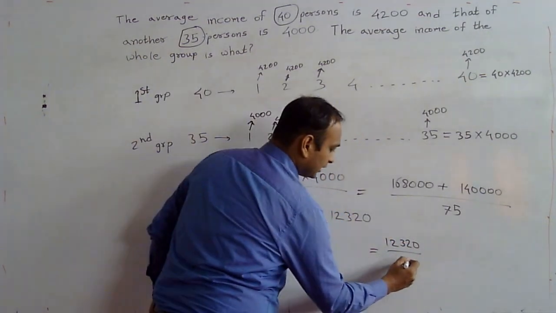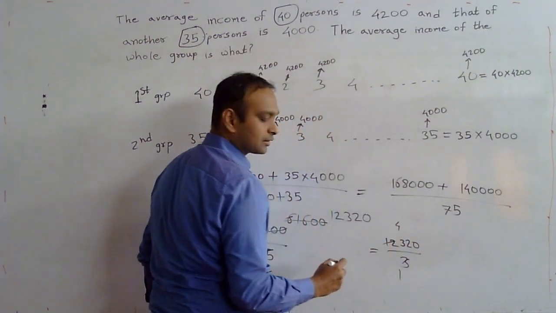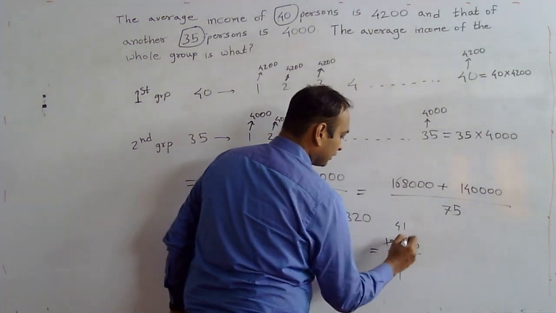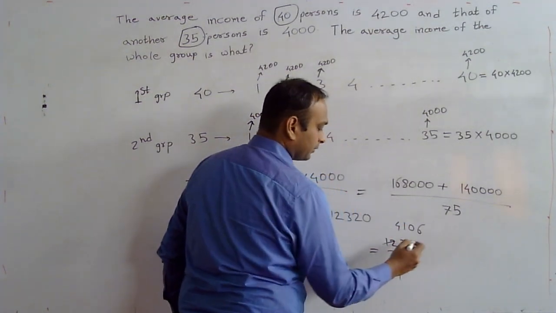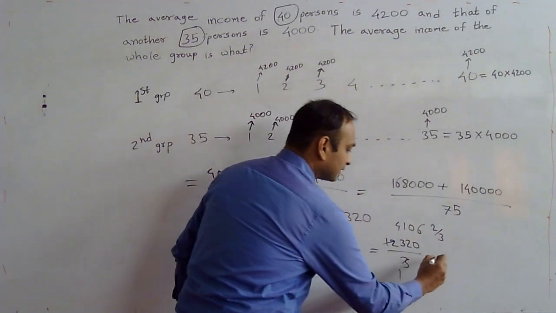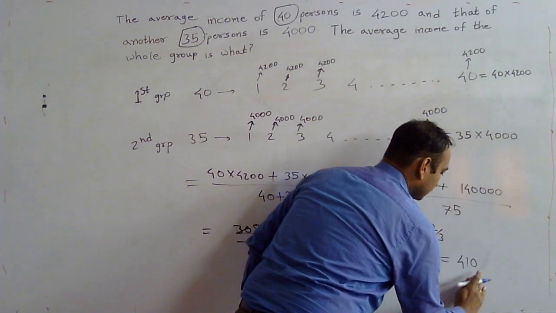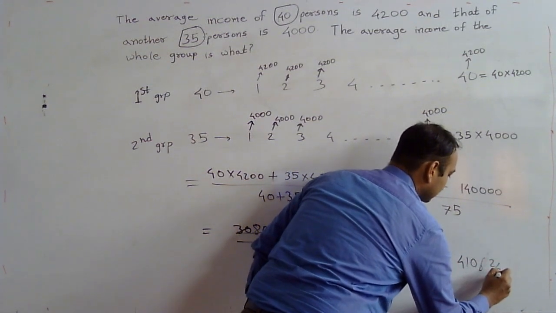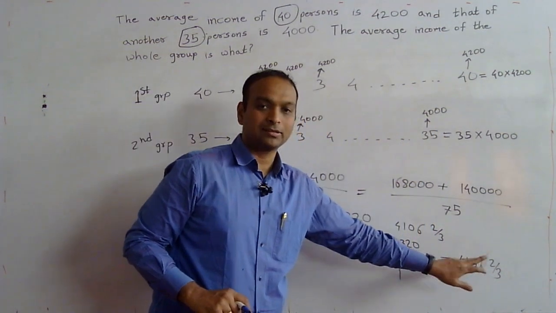If we try to divide it by 3, here we get 4, 3 4s are 12, 3 1s are 3, 3 0, and 3 6s are 18. So the remaining is 2 by 3. So the final answer is 4106, and 2 by 3 is the fraction. This is how we get the final answer.